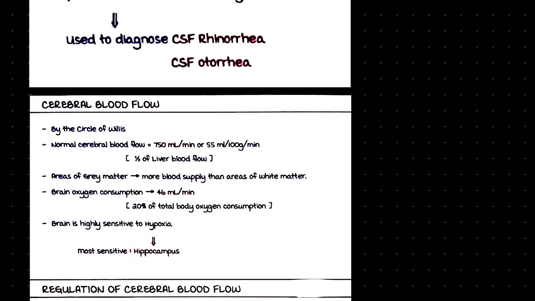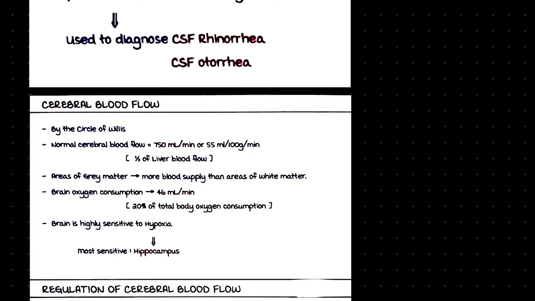If you remember, the hippocampus is concerned with learning and memory, and the hippocampus was the site of production of theta wave, right? And theta wave was responsible for converting our short-term memory into long-term memory. So this was about cerebral blood flow.